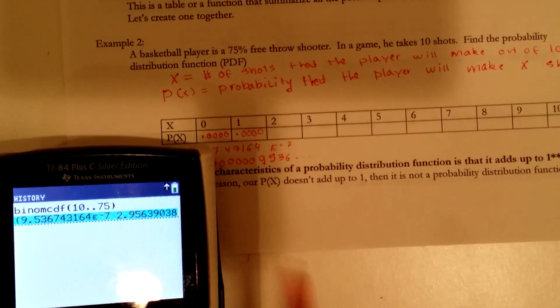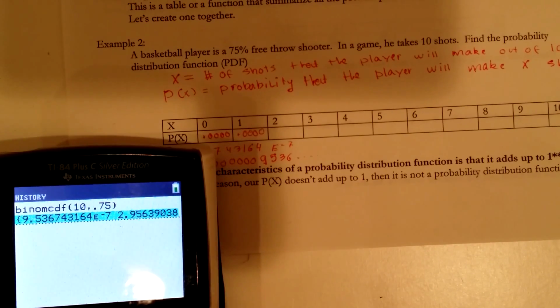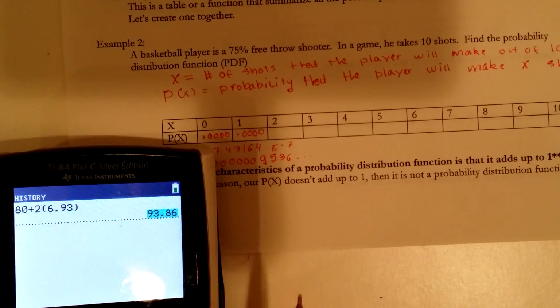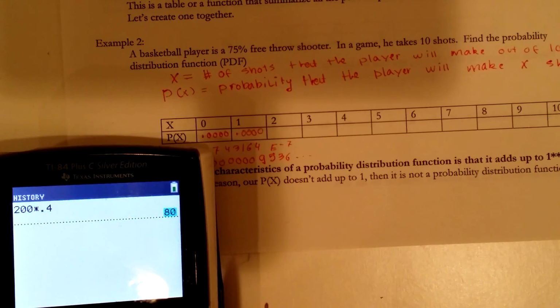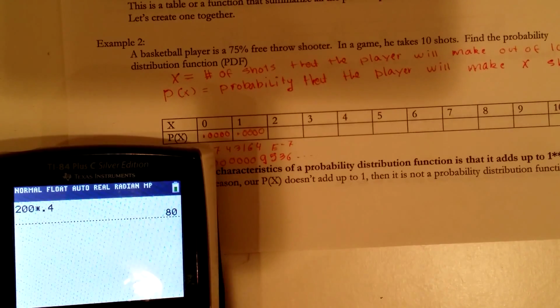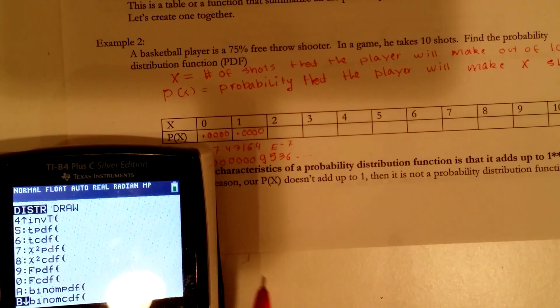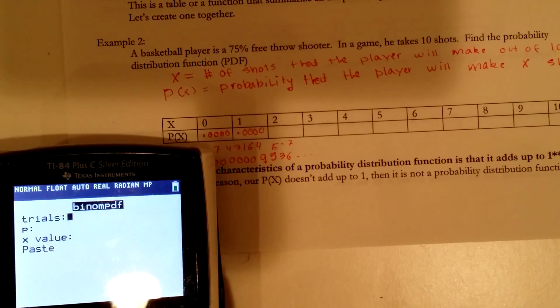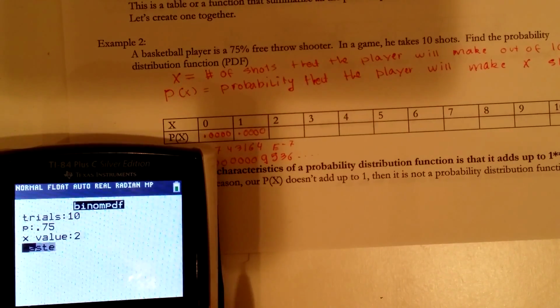So I'm just going to do it manually for each one of these. Unfortunately, it will take some time. Okay, it's being really stubborn. So let's start with the new line. Second var. Go down to this option, and then 10 trials, 0.75, x value up to.